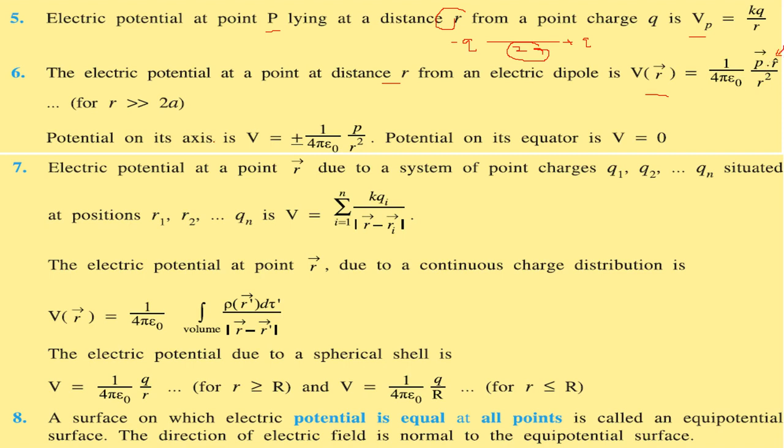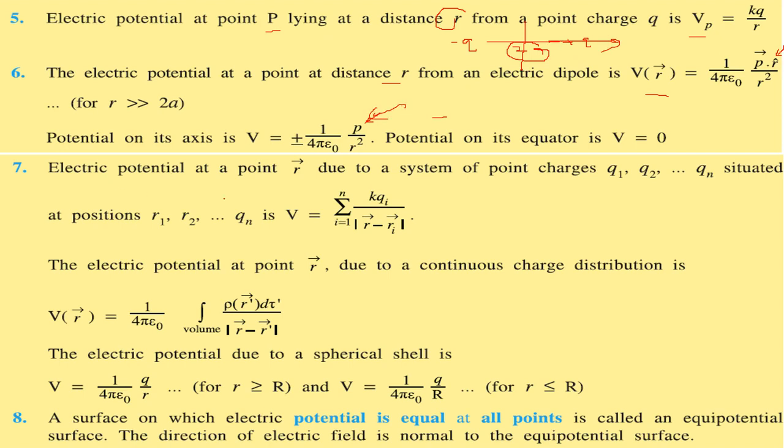The potential on its axis will be 1 by 4 pi epsilon naught P by r square. The potential at the equator of a dipole is 0, but at the axis it will be this value.